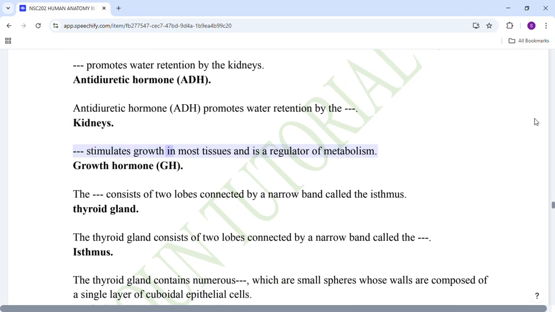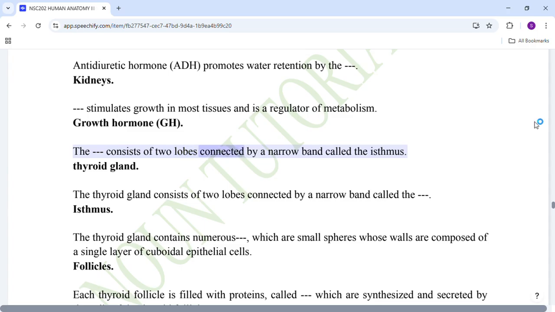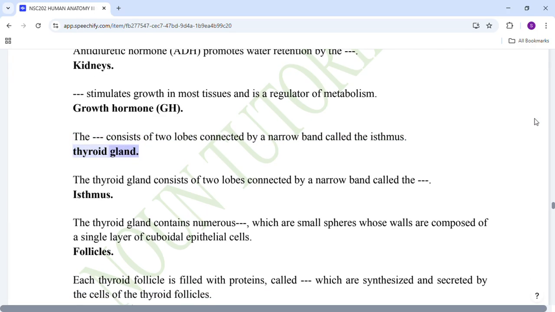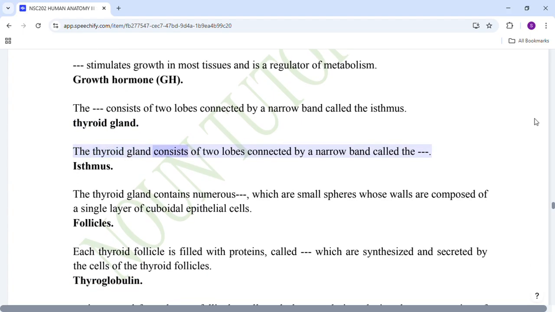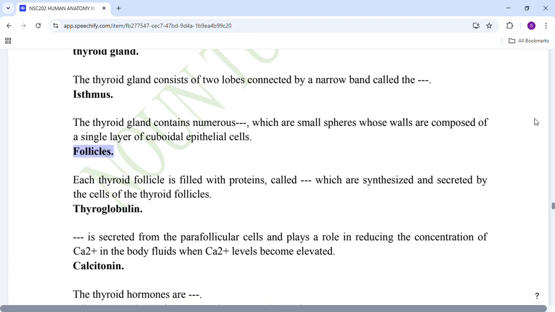Growth hormone, GH, stimulates growth in most tissues and is a regulator of metabolism. The thyroid gland consists of 2 lobes connected by a narrow band called the isthmus. The thyroid gland contains numerous follicles, which are small spheres whose walls are composed of a single layer of cuboidal epithelial cells.